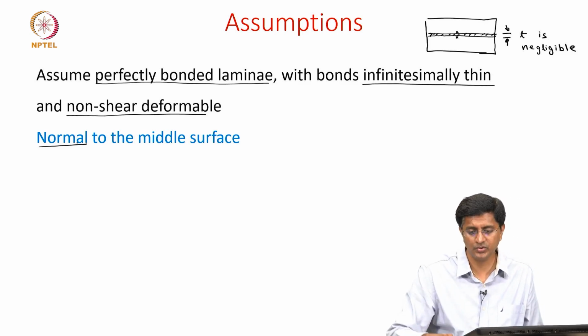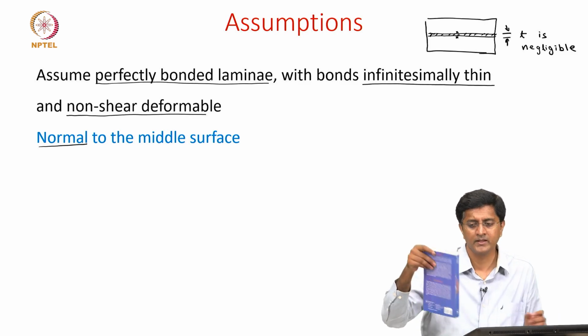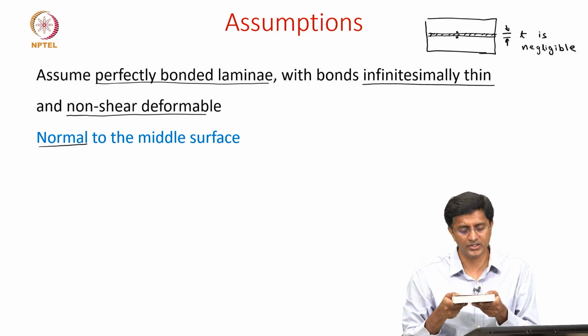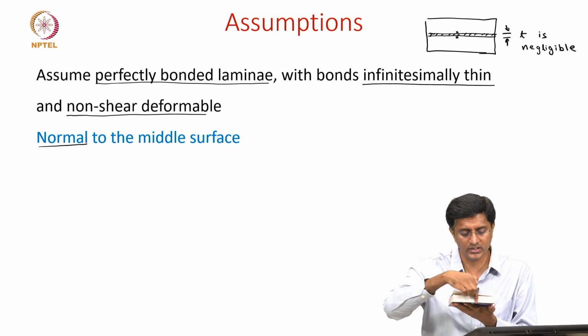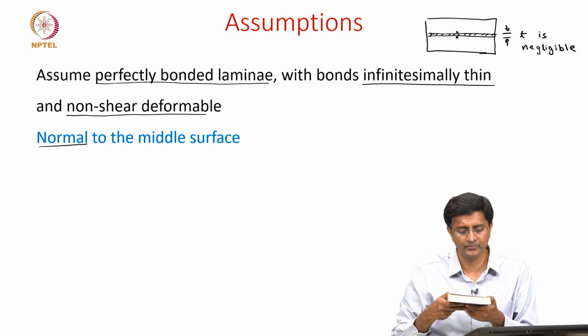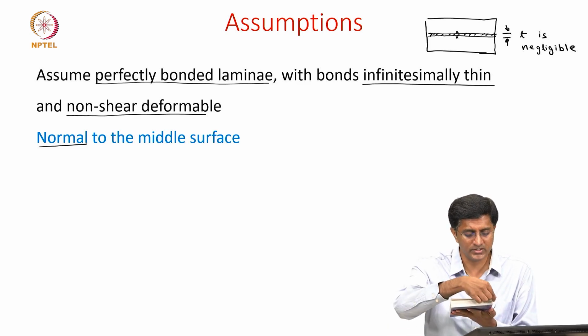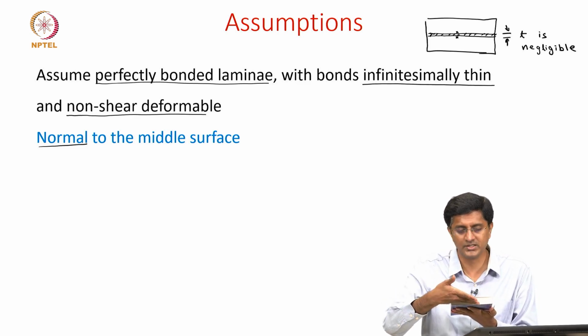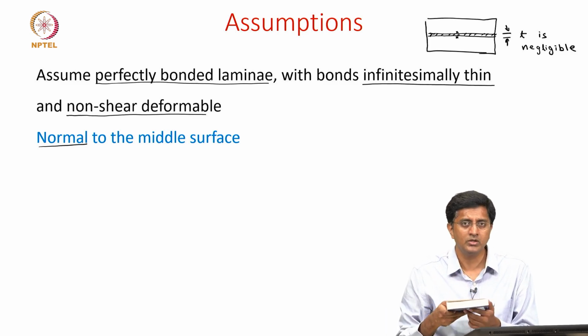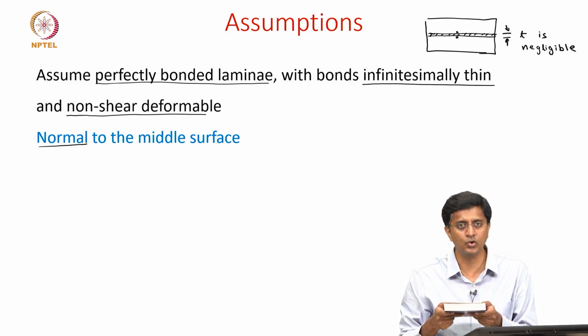So let me show you this with an example. Let's look at this book and focus on this area. In this area, where is the mid surface? Mid surface is a line at the center, like half thickness, right? Now, where is the normal to this mid surface? Let's focus on two normals.